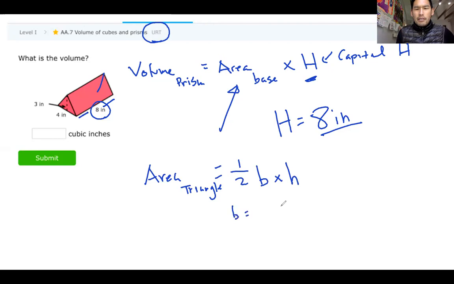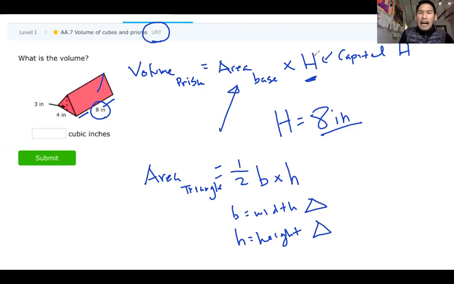So little b equals the width of the triangle, and little h equals the height of the triangle. Not to be confused with the height of the prism. So that's big H, the height of the prism. Little h is the height of the triangle. So now that we got all this, let's go and actually solve.